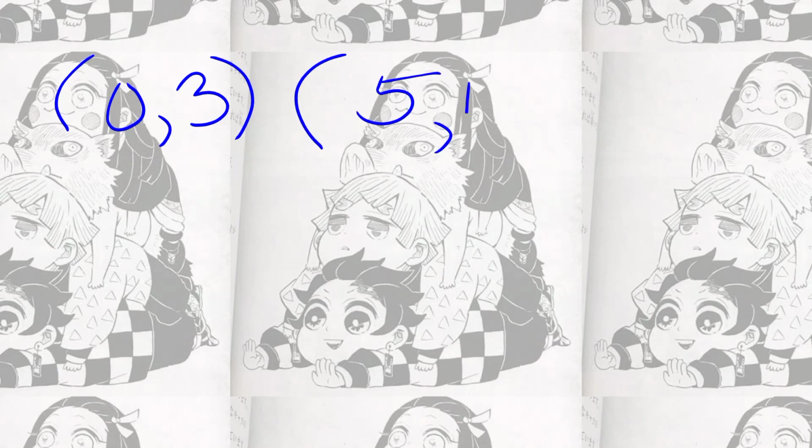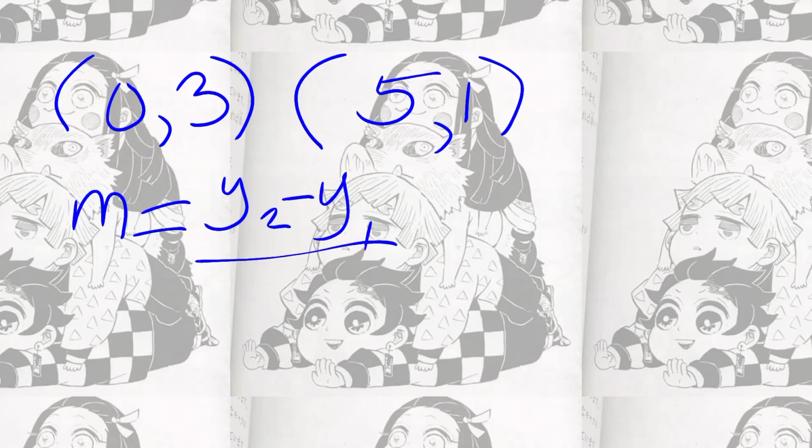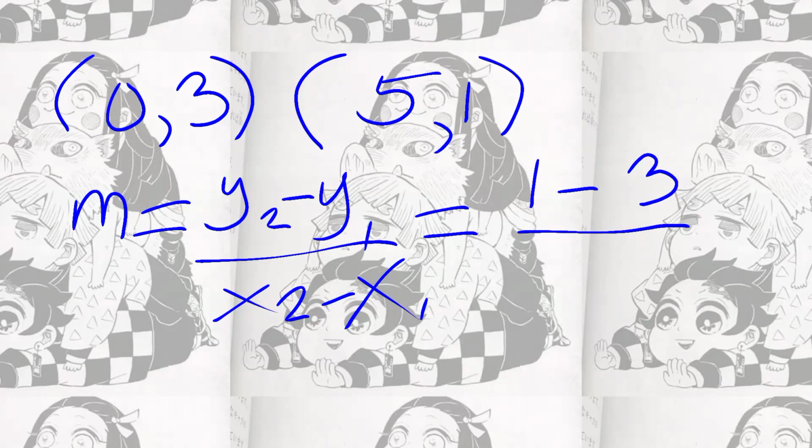So, gamit ang ating y-intercept na (0, 3) at yung kinuha nating isang point na (positive 5, positive 1), substitute natin siya sa ating slope formula. y sub 2 minus y sub 1 over x sub 2 minus x sub 1. So, meron kang 1 minus 3 over 5 minus 0.